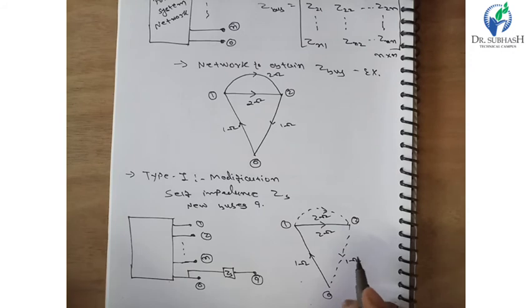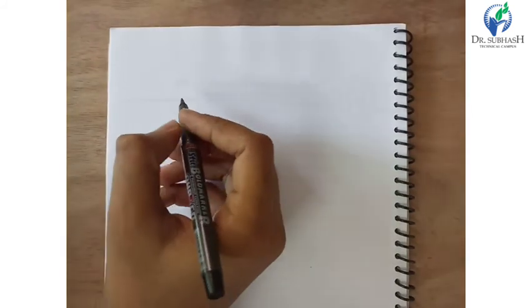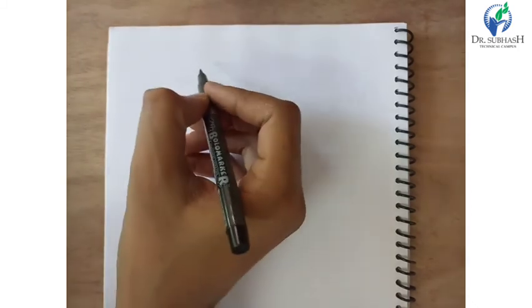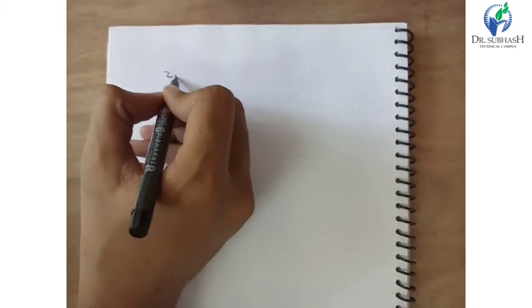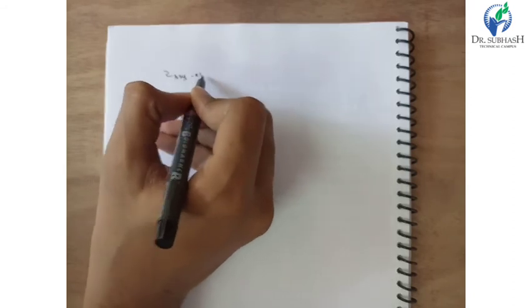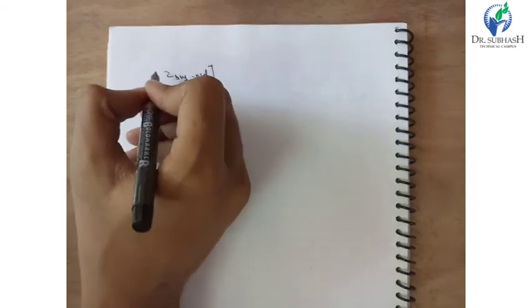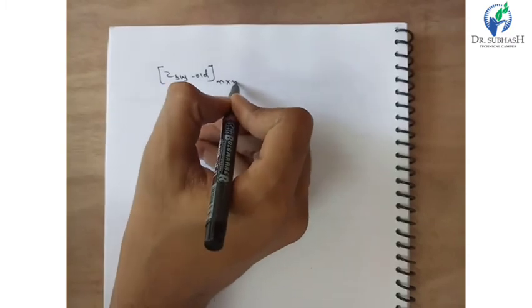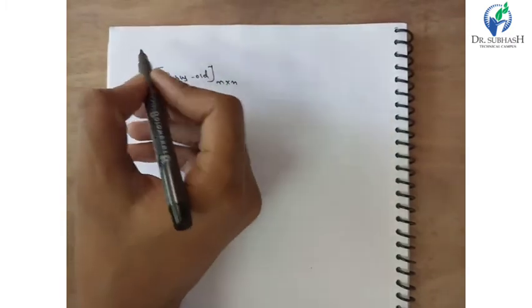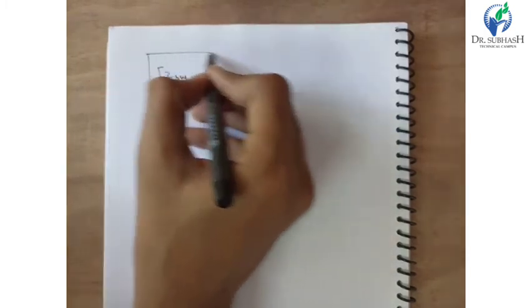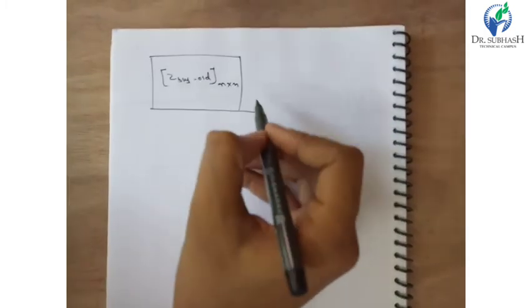By this modification we apply the matrix form. The matrix form of this network is given as the same. Applying this modification, we take the Z bus old as an n cross n matrix and put it in a square for simplification of this network.